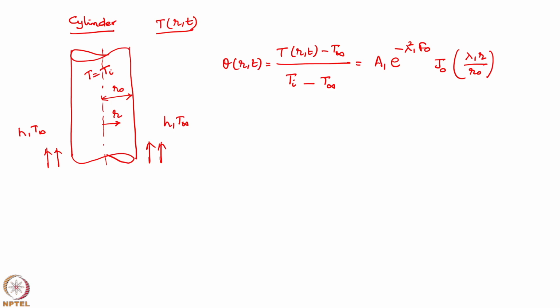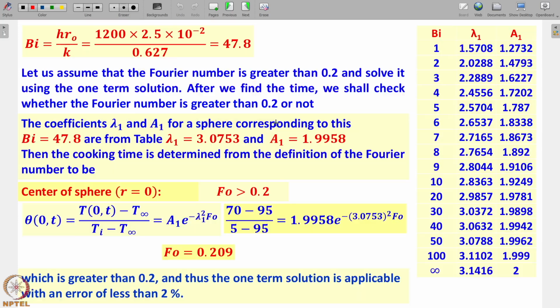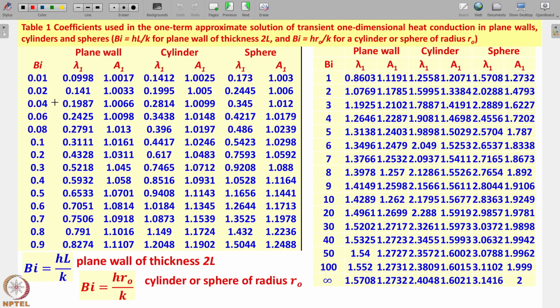Now next is theta naught, but before that, how do I get this A1 and lambda 1 for a given Biot number? That is given in the table. If you just go back and see here in my notes, for a given Biot number, we had used this table for a plane wall, but for the cylinder, for a given Biot number, you can get lambda 1 and A1.